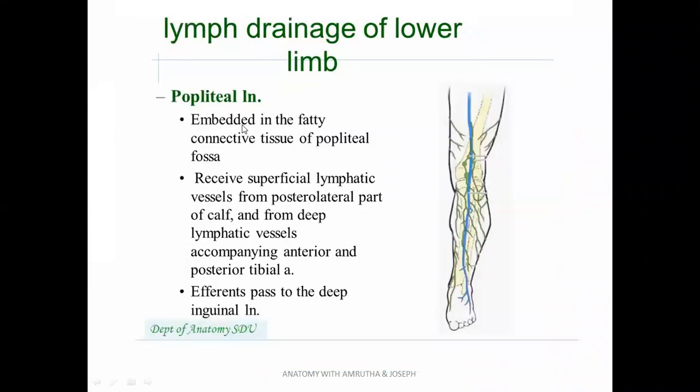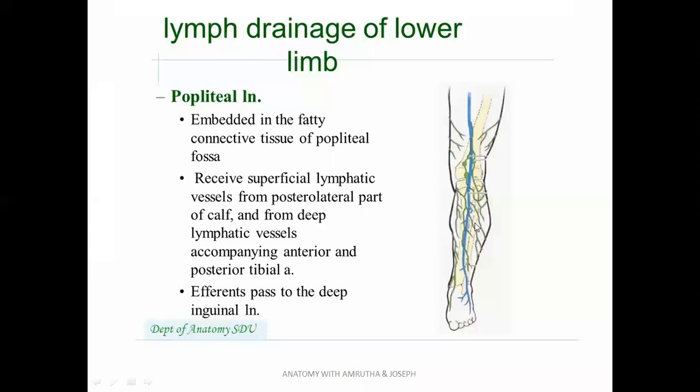So let's see about popliteal lymph nodes, which are located in the popliteal fossa, embedded in the fatty connective tissue of popliteal fossa. So they are located within the popliteal fossa pad of fat. Behind the knee joint, there is a fossa area, that is popliteal fossa, and it receives superficial lymphatic vessels from posterolateral part of the calf, posterior and lateral part of the leg, and deep lymphatic vessels accompanying anterior and posterior tibial arteries.